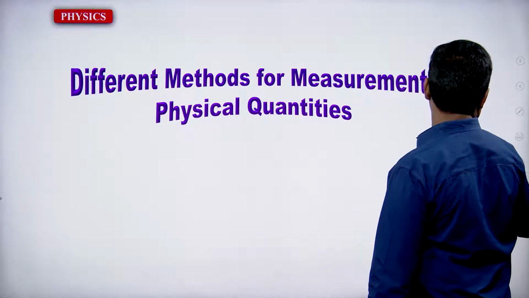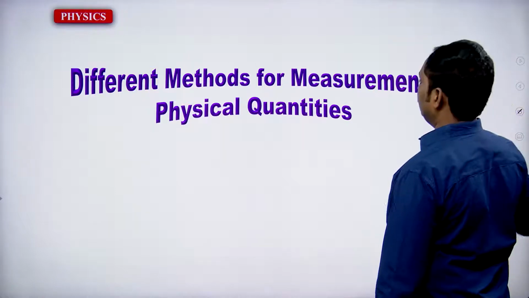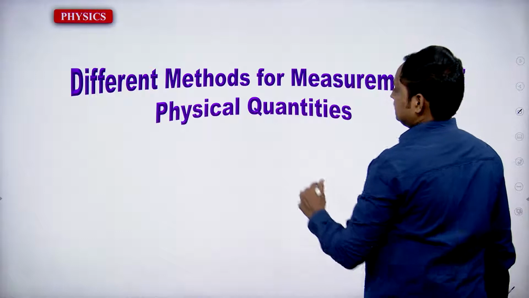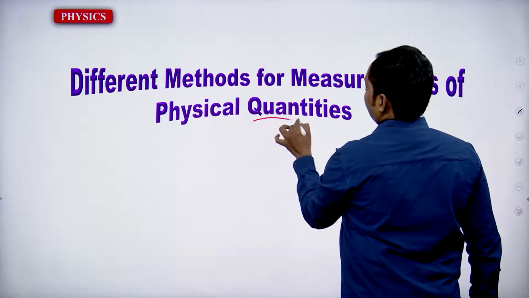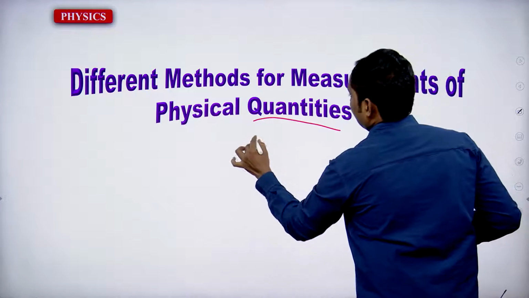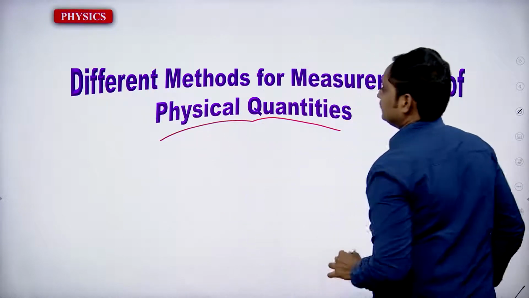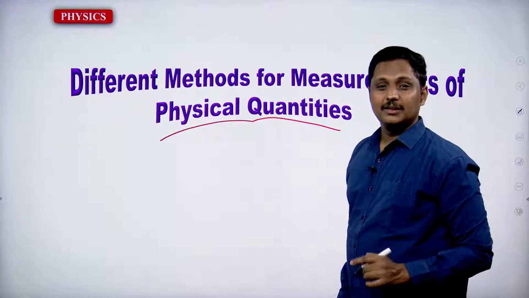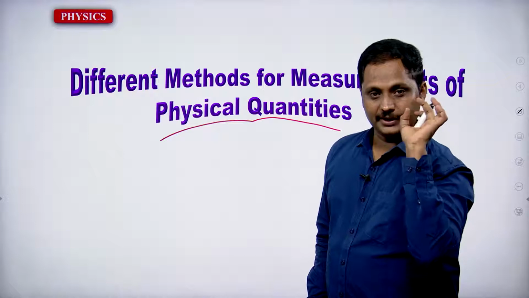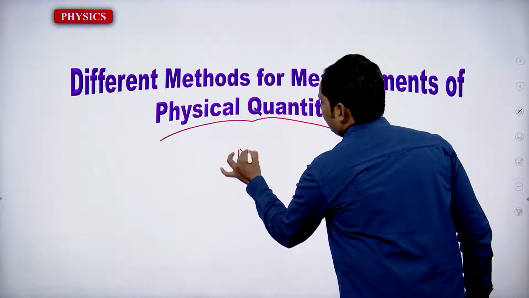If you take one quantity, that is a measurable quantity.